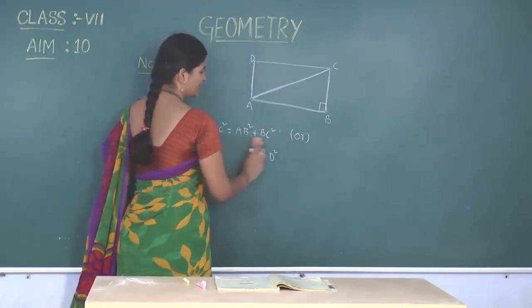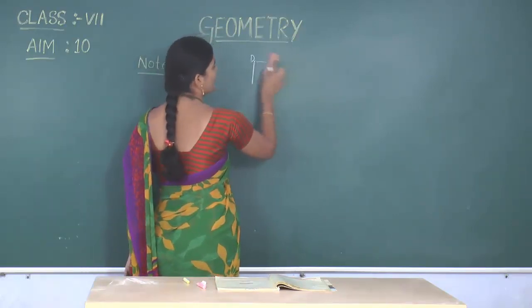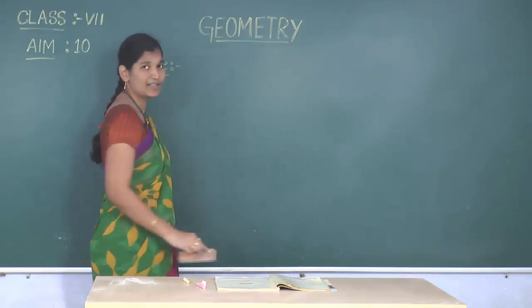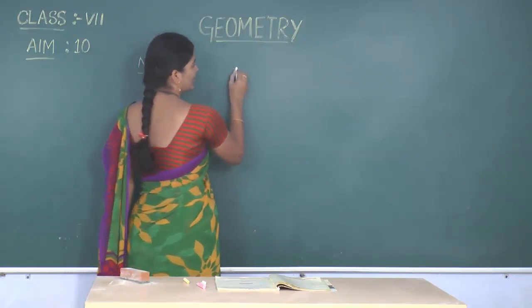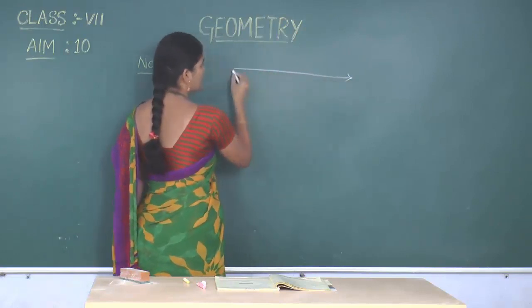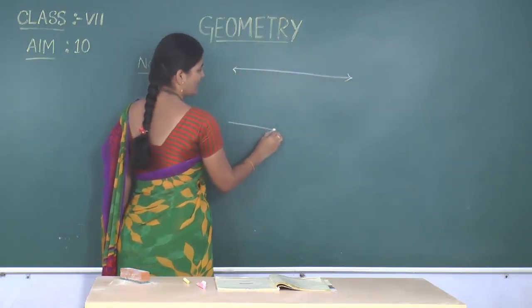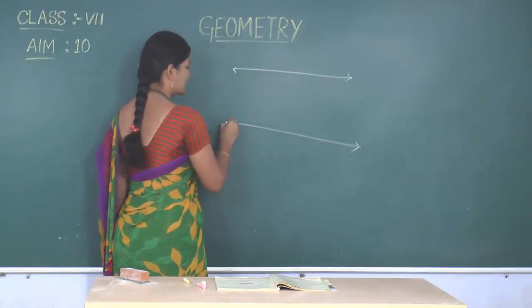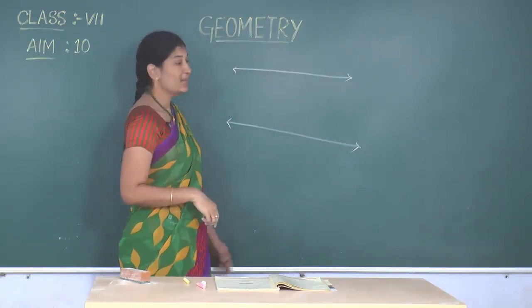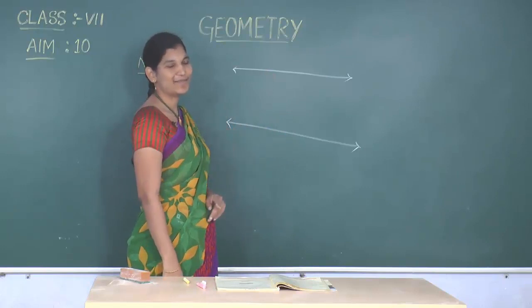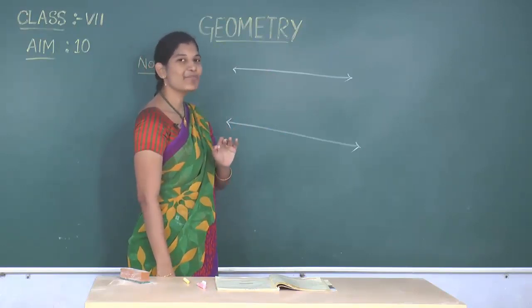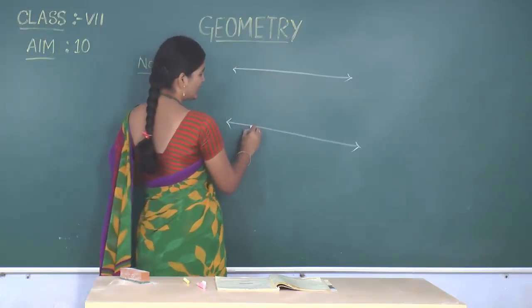And now the next important property. Now I am going to take here two parallel lines. See here, these are two parallel lines. Between these two parallels, I am going to take two parallelograms which have the same base.